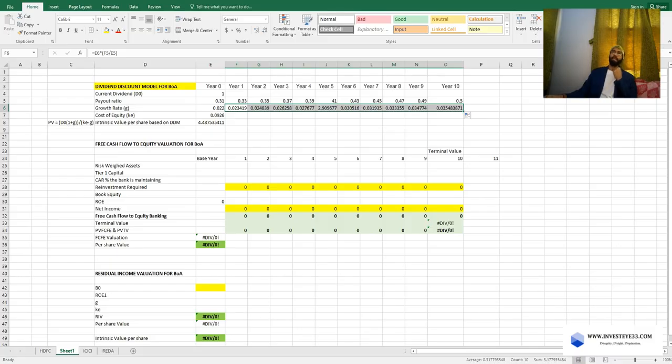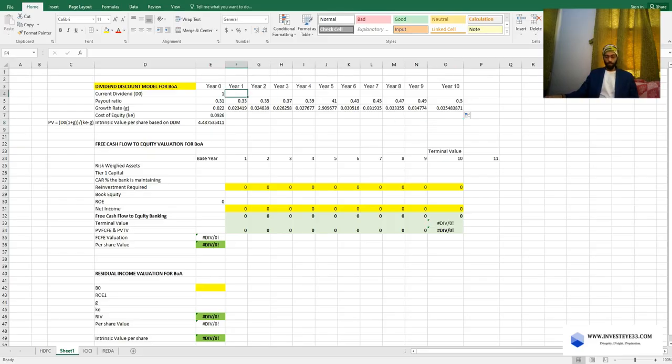And from year 11 onwards, the growth rate we assume reverts back to 0.022, that is 2.2%. That is, after the payout ratio reaches 50%, the payout ratio stabilizes, and therefore the growth rate of dividend reverts back to the perpetual growth rate, right? So now we can revise the dividend payouts for these first 10 years.